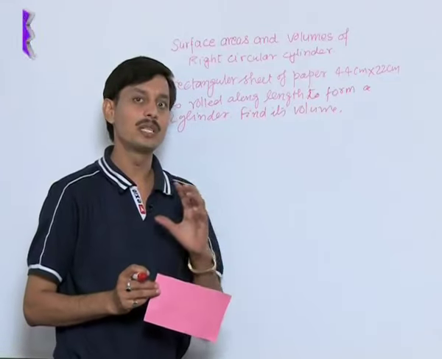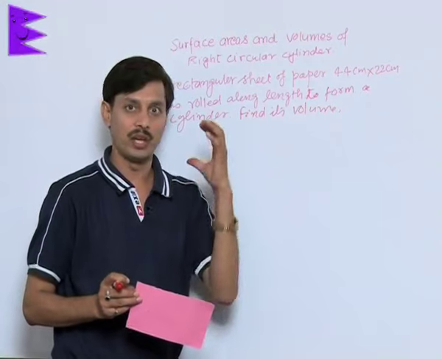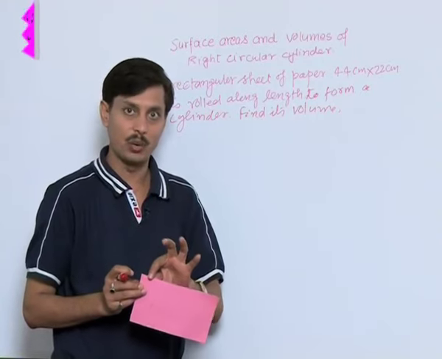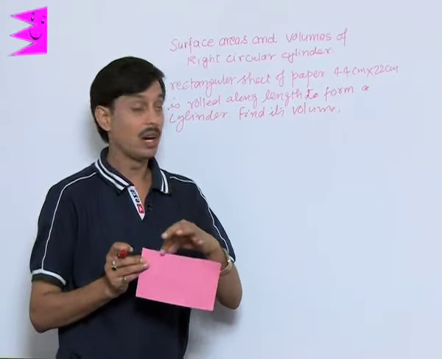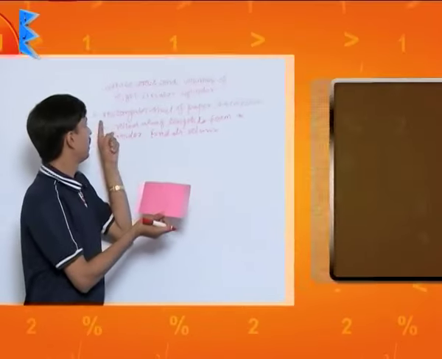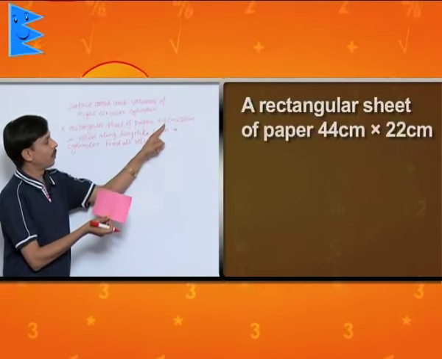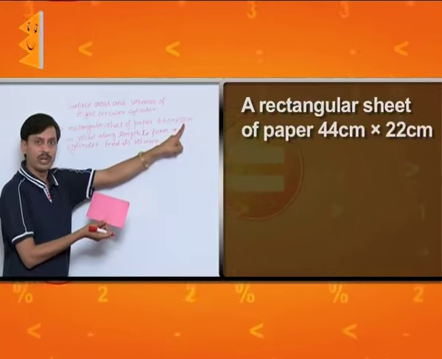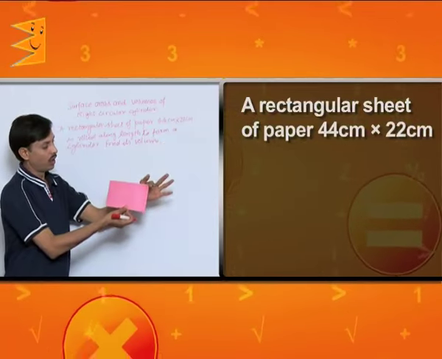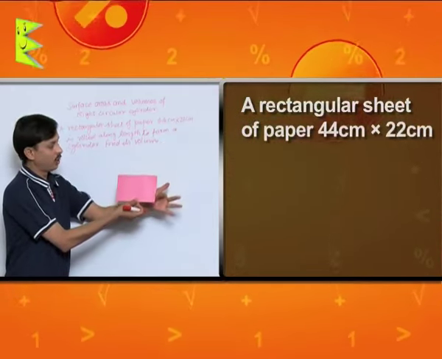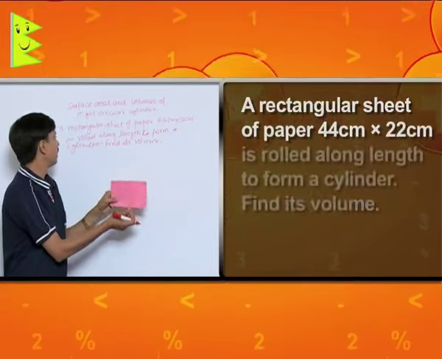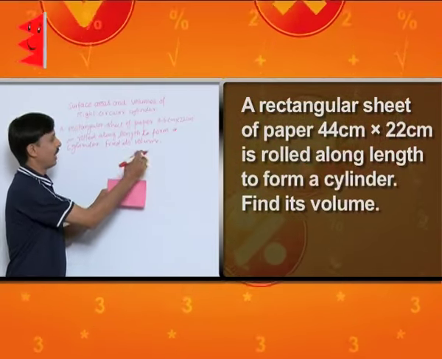Now I want to discuss with you a problem where the volume of a cylinder is to be calculated. A rectangular sheet of paper 44 centimeter by 22 centimeter, means 44 centimeter long and 22 centimeter wide, is rolled along the length.